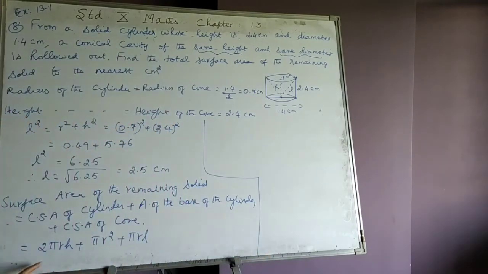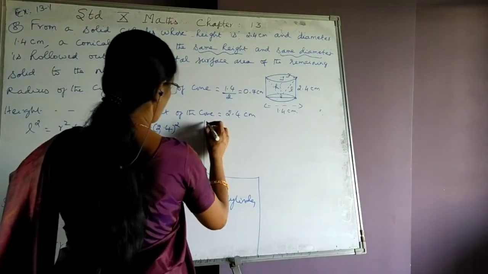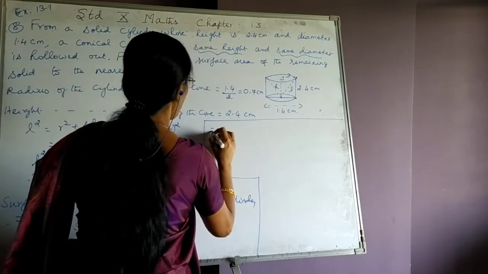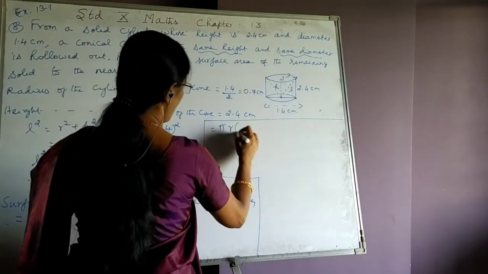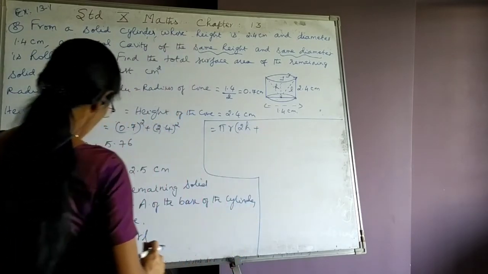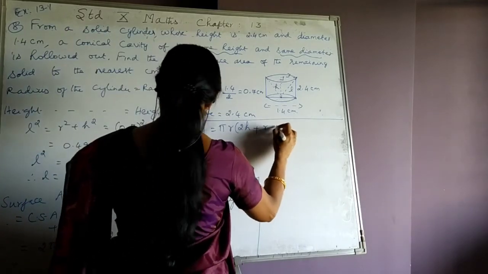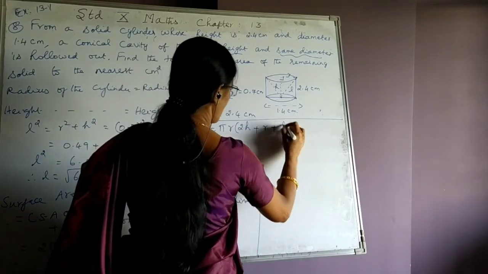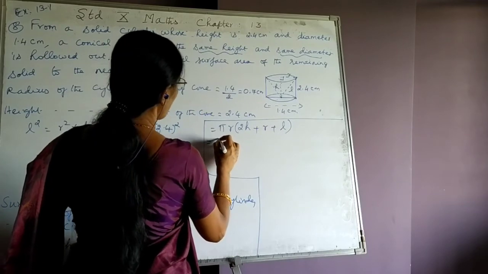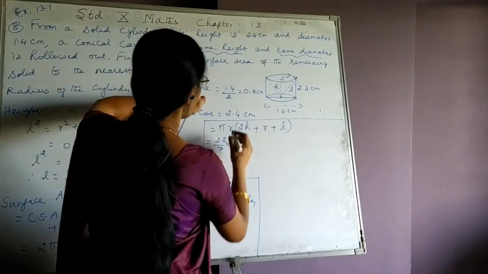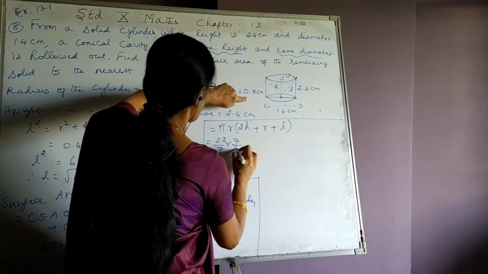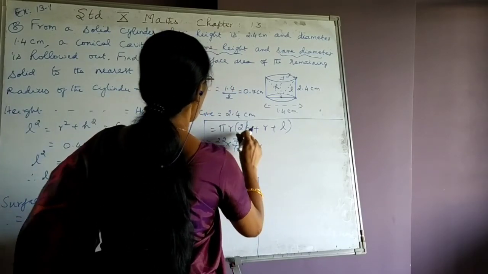You can see pi r is common in all the places. Therefore, I take pi r as the common term. If we take pi r out, what we have? We have 2h in the first place, r in the second place, and L in the third place. Pi value is 22 upon 7. Radius is 0.7, so I write it as 7 upon 10. 2h.